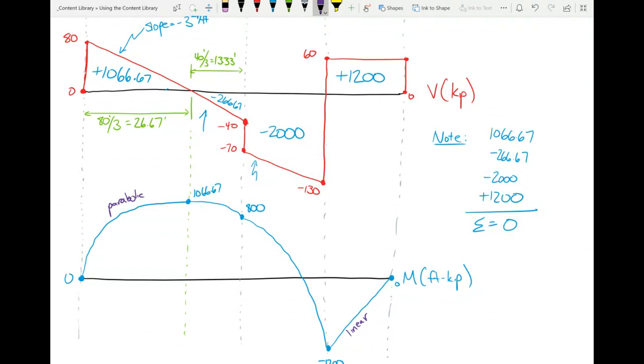Okay, are there any questions? Does this make sense? So what you're doing is taking the magnitude of the shear: a lot of shear means a lot of slope. Little shear means little slope. And where we had a constant shear, we had constant slope, hence why that was a line, because a line has a constant slope.